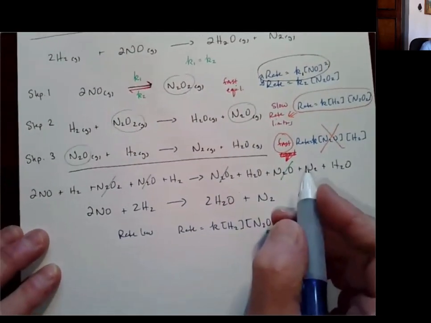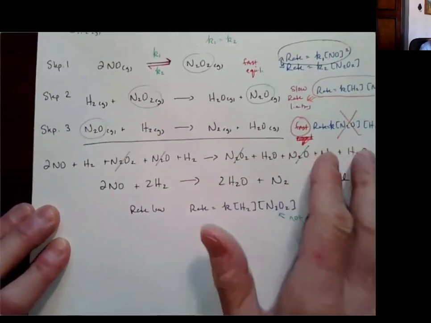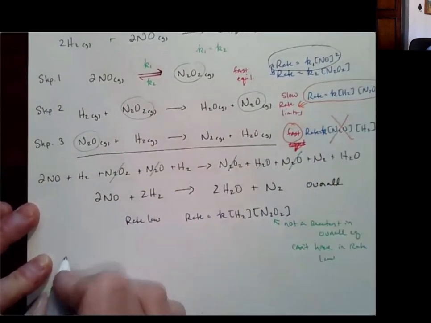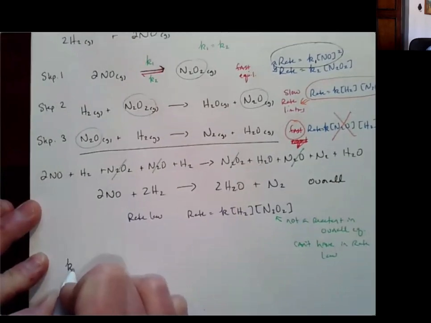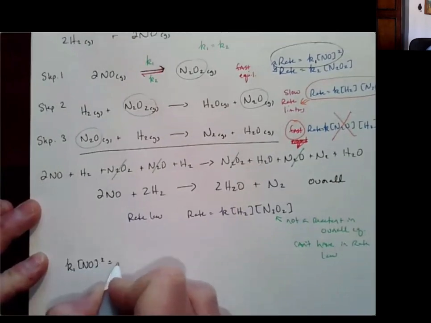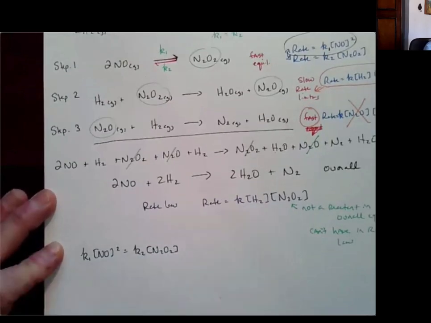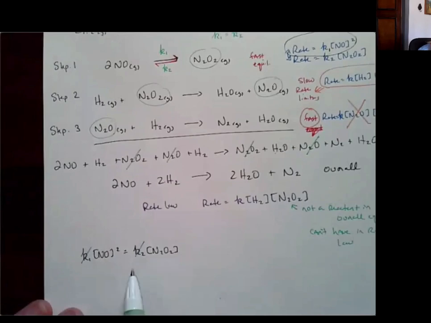So I can write them down here, because my overall goal is to get rid of this N2O2. By setting these two equal to each other, I'm going to be able to do that. So k1[NO]² equals k2[N2O2]. Since the rate constants are constants, they can fall out, and that allows this equation here: [NO]² equals [N2O2].